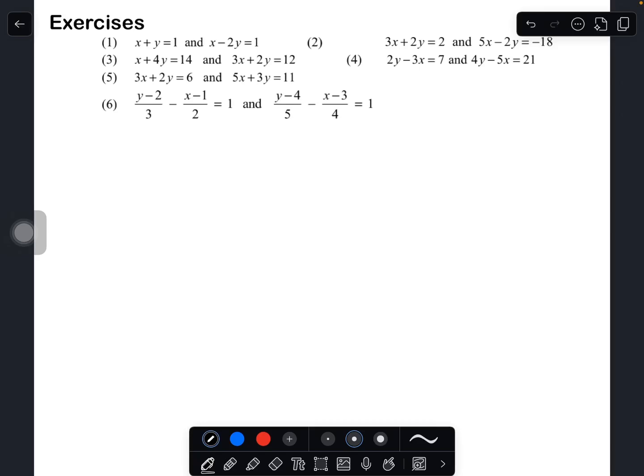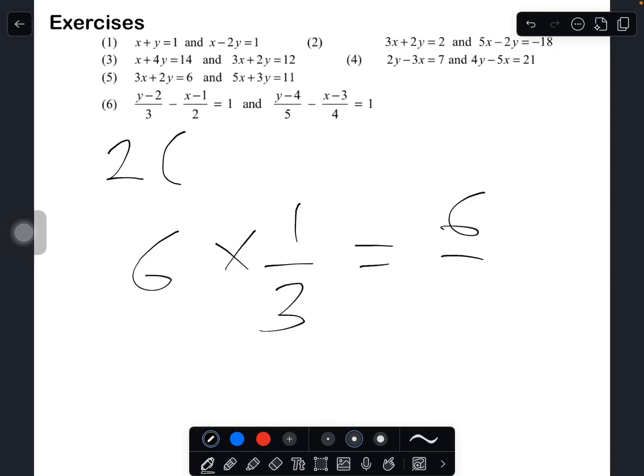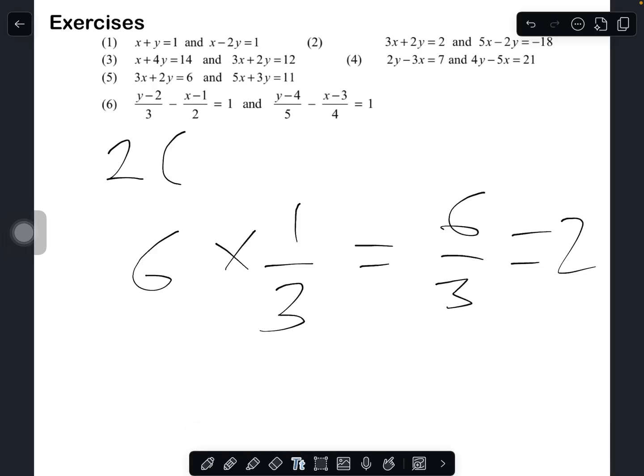So 6 times that first term will then become 2, because if I had, for example, 6 times 1 over 3, this will then become 6 over 3, and then that's equal to 2. So that's how I got the 2 on the outside.